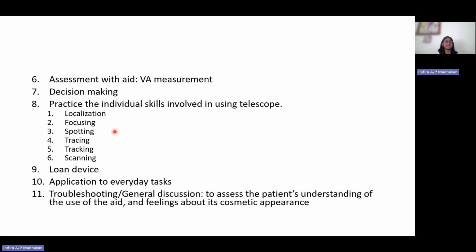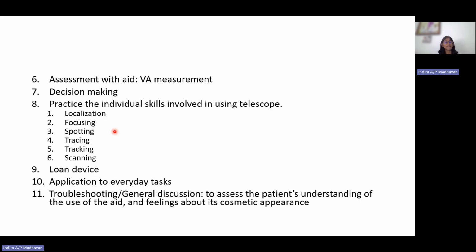Scenario number 3 is, let's say, the habitual VA of the patient is 6/60. After we give a spectacle correction, it's also still 6/60. So we try with these devices, and you found that the VA with all 3 devices is 6/24. From 6/60, it improves to 6/24.